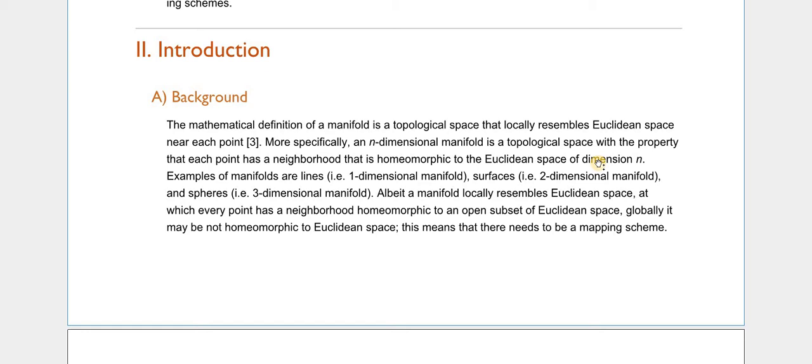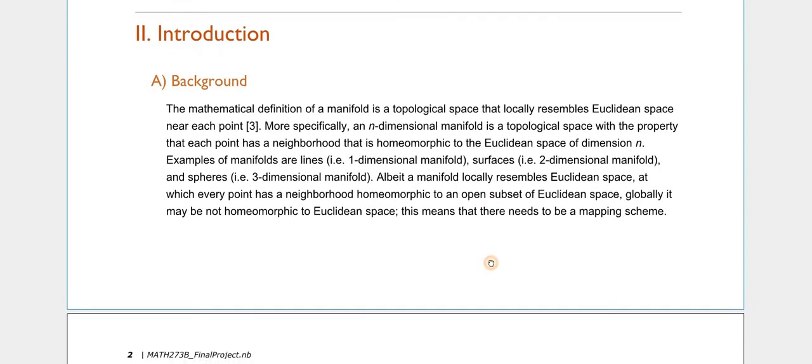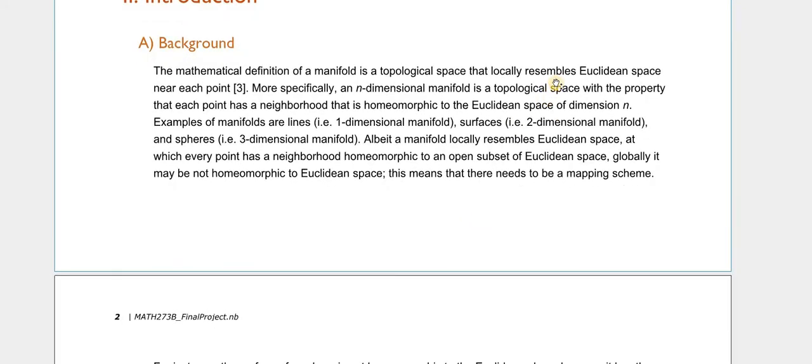So to define the types of manifolds first, you can have a line, which is a 1D manifold. You can have a surface as a 2D manifold, or a sphere, a 3D manifold, or sometimes what we call a hyperbolic space. That's what we're going to be focusing more on today. And for a manifold, like I said, it does resemble Euclidean space, but it's not the same.